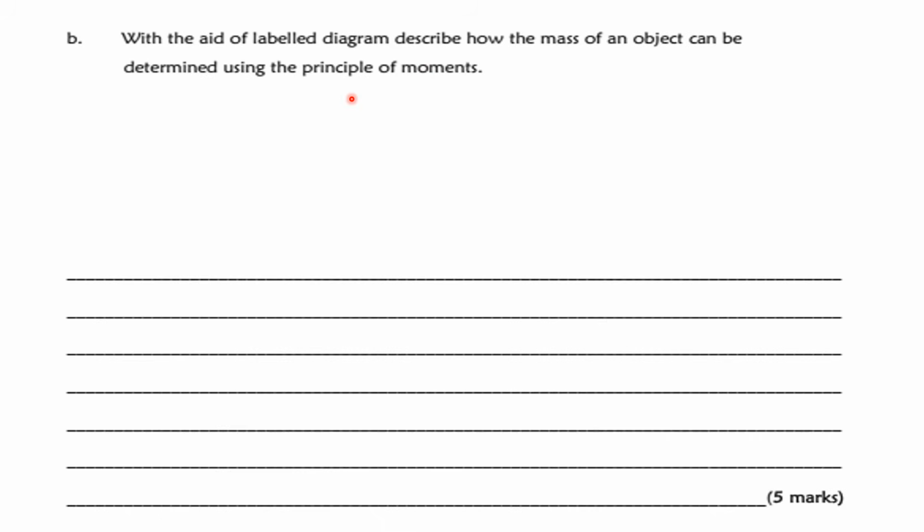The principle of moments states that the sum of the clockwise moments equals the sum of the anti-clockwise moments. So using a well-labeled diagram, we need to use that principle to determine an unknown mass, the mass of an object.